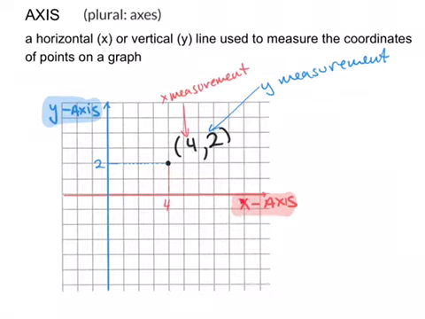So we might sometimes put time along the horizontal axis and distance along the vertical axis. However, even if we don't choose a particular story, we can name this horizontal axis the x-axis and this vertical axis the y-axis, and find the exact measurements for the position of any point using these axes.